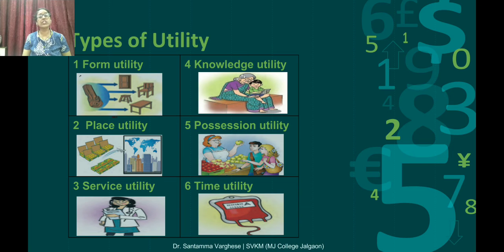Next is time utility. When the utility of a commodity increases with a change in its time of utilization, it is called time utility. For example, a student has more utility for the book during exams, for the studies. In the slide, a picture is given of a blood bottle, which the patient needs very much.